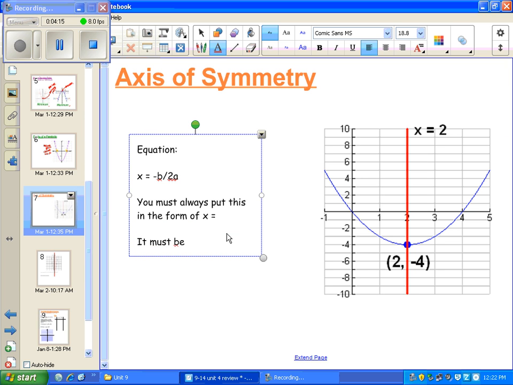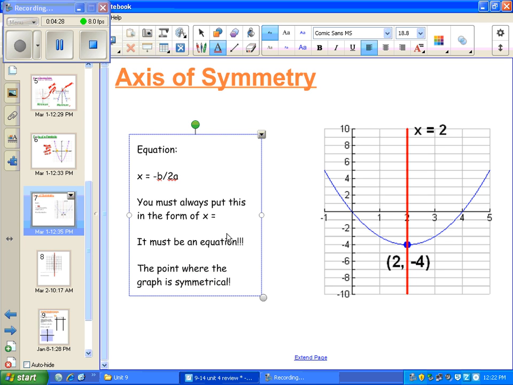It must be an equation. Okay, this is also the point where the graph is symmetrical. Okay, as you can see here, the equation is x equals -2, and it's always x equals.